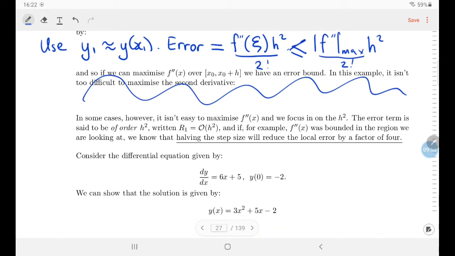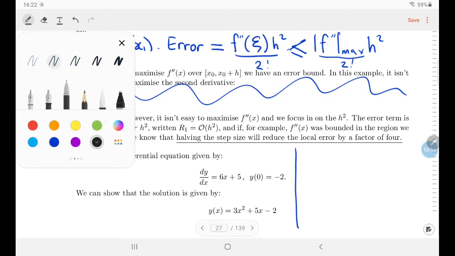All I really care about is the h squared. So the error term for Euler's method is order h squared. It's a multiple of h squared. So if the second derivative isn't too big, halving the step size will reduce the local error by a factor of 4. Now I might just do that just over here just to show you.